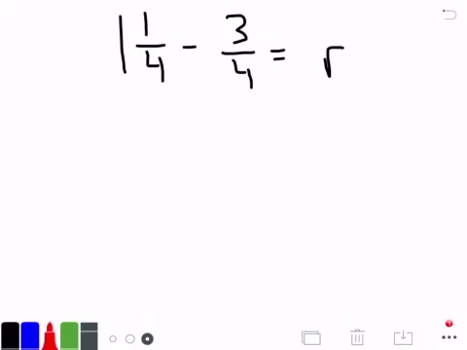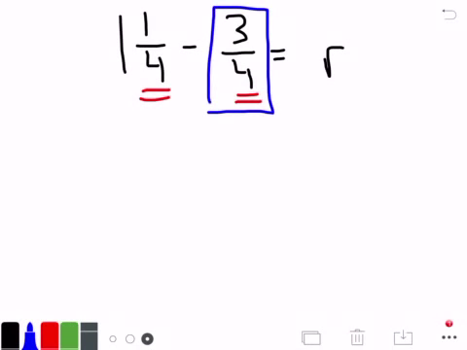We'll start with that same problem, 1 1/4 minus 3/4 equals r. And again, just like yesterday, what you might realize is we're dealing with the same denominator. Every one of these problems we're going to see is going to have the same denominator. The problem with this subtraction problem is I'm trying to take 3/4 away from 1/4.